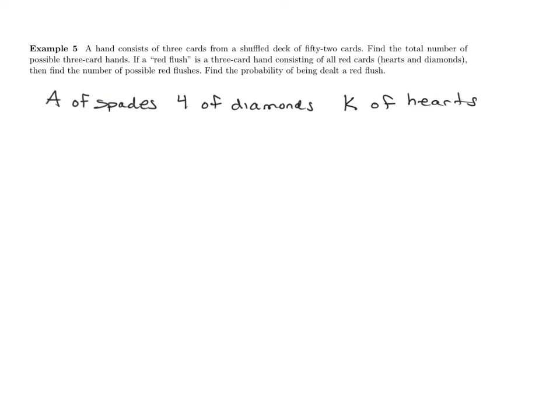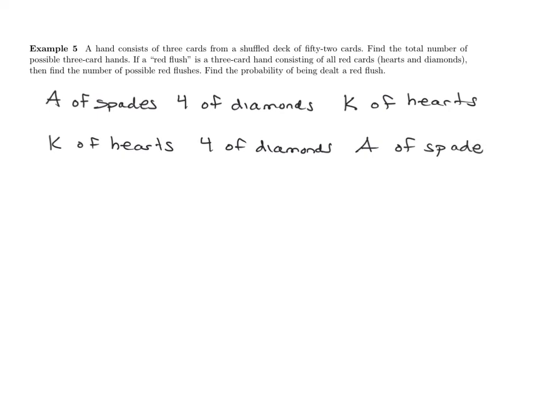So here's a possible 3-card hand. Now, if this were talking about permutations, we'd want to count this hand different than the following hand. If you were first dealt a king of hearts, a 4 of diamonds, and then an ace of spades.